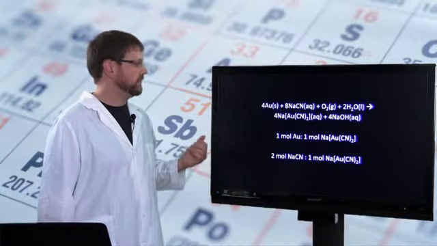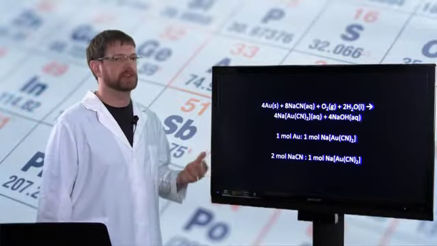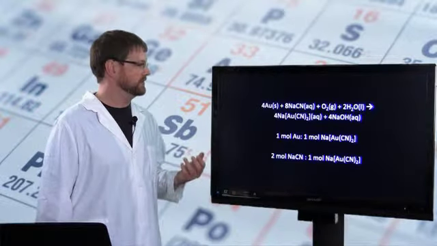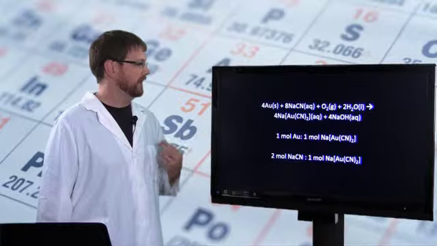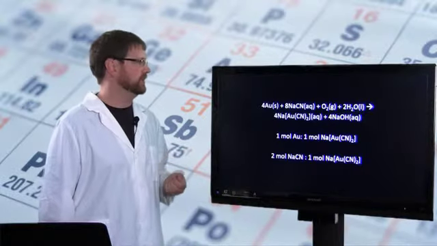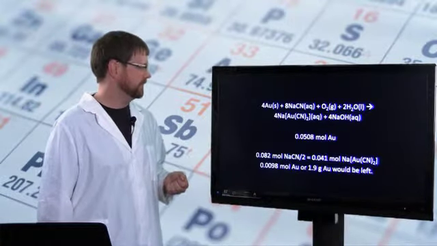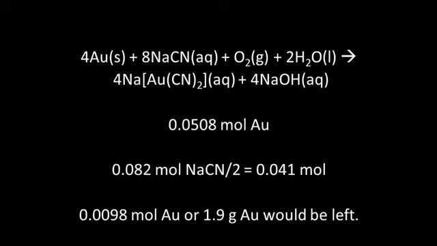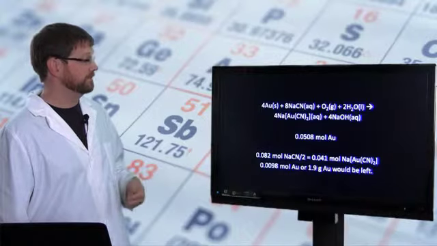So we have to divide that initial value of 0.082 by 2 to get how much gold we can get out of this. By dividing by 2, we only get 0.041 moles of gold cyanide product. We actually leave a significant amount of gold behind, or 1.9 grams of gold.